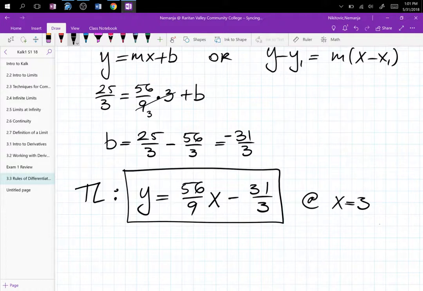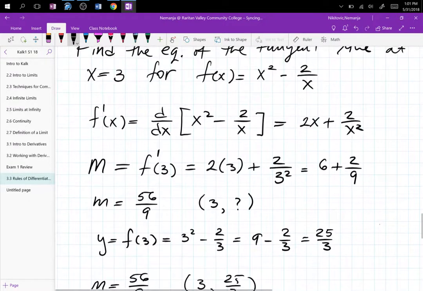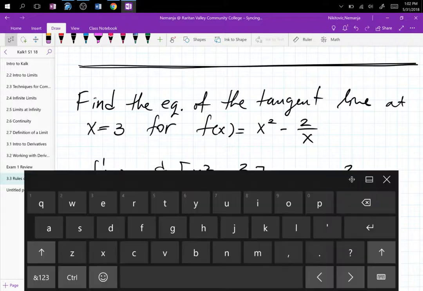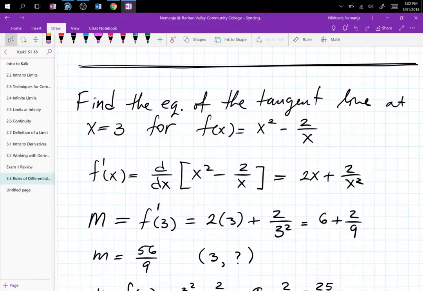Okay, so what I'm going to do now is I'm going to just talk to it. Graph, and I'm going to give it these two equations. We discussed the word kiss at 3, right? So the curve of whatever the function is and a straight tangent line, they have to touch at x equals 3.